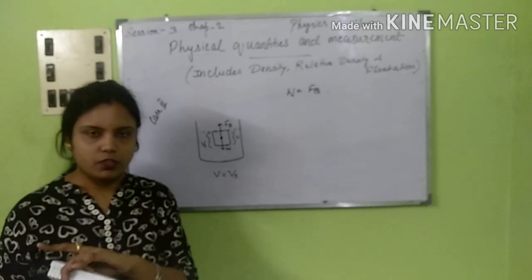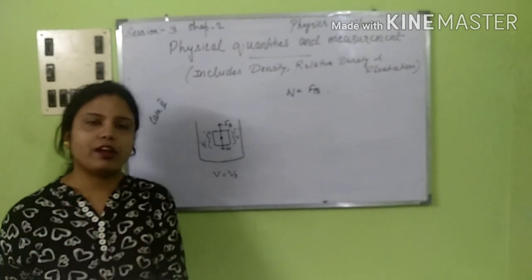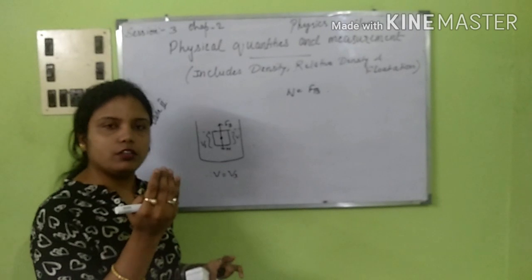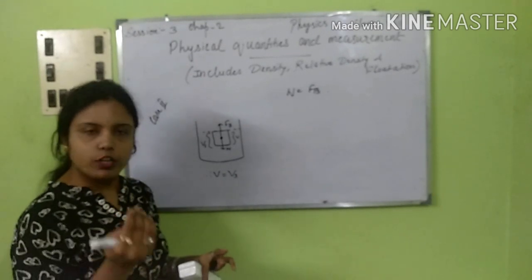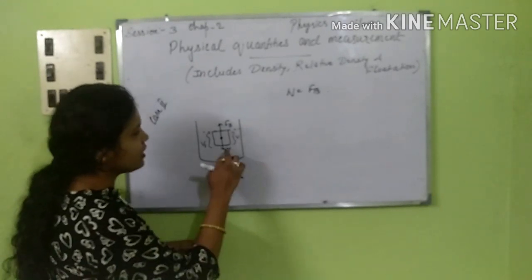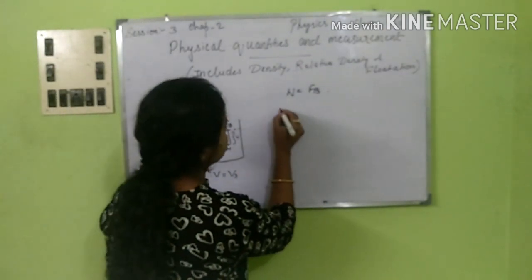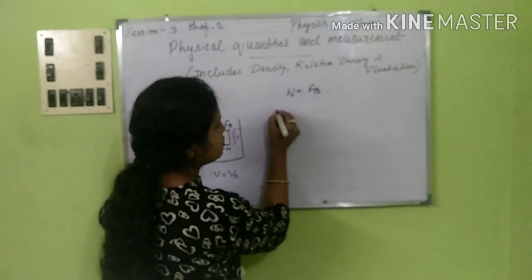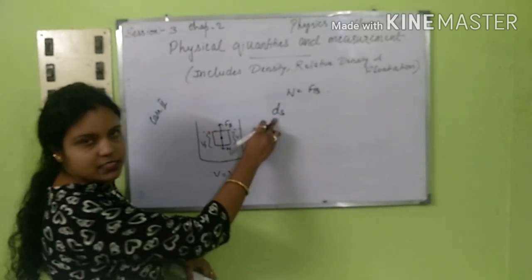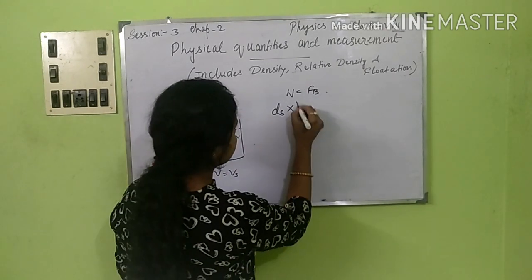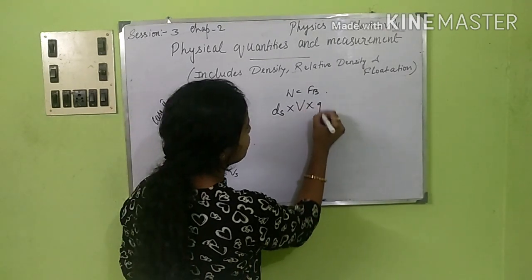M into g, acceleration due to gravity. So as you know, this mass is what? Density into volume, right? So if we consider this weight of the body, we will be getting density of the solid, let me consider this as ds, into volume as V, which I have considered, into acceleration due to gravity.